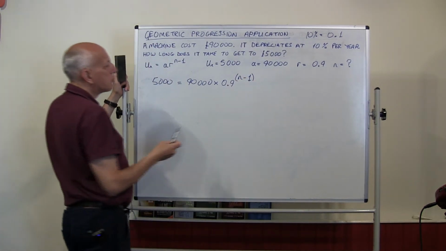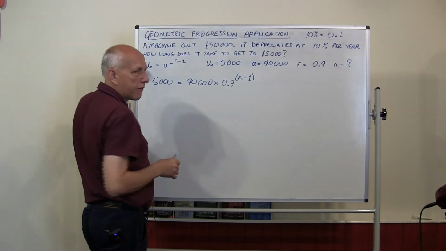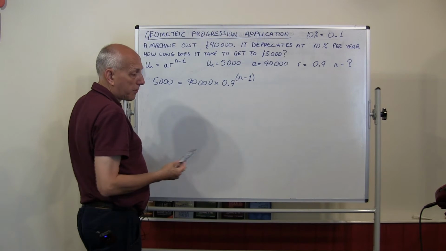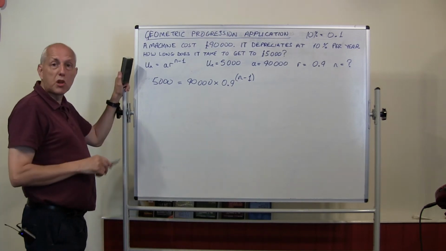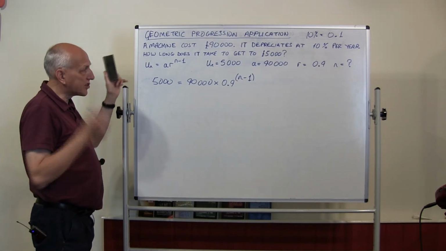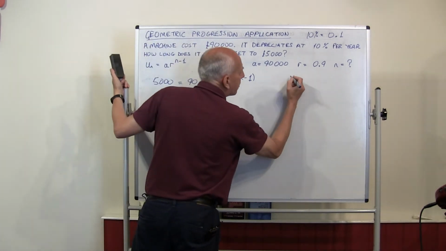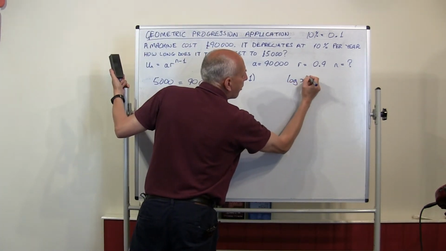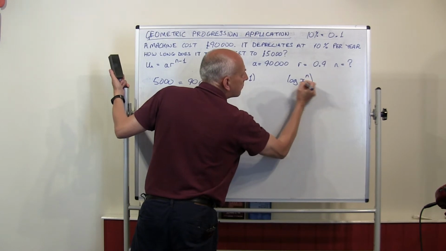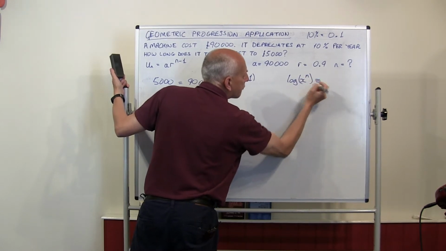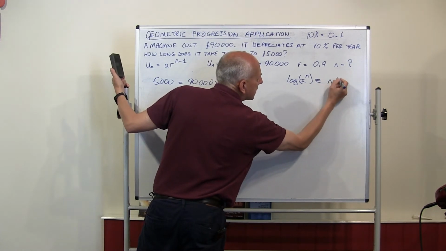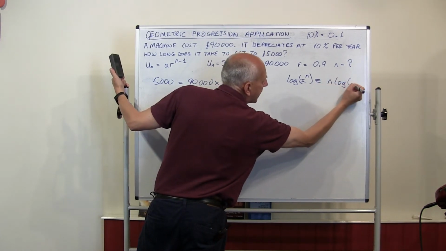So what we're going to do is get this away from being a power, and we're going to use a very clever but very commonly used method. We're going to use logs, because of the log law that says this: log of x to the power of n is identical, three lines for an identity, to n log x.